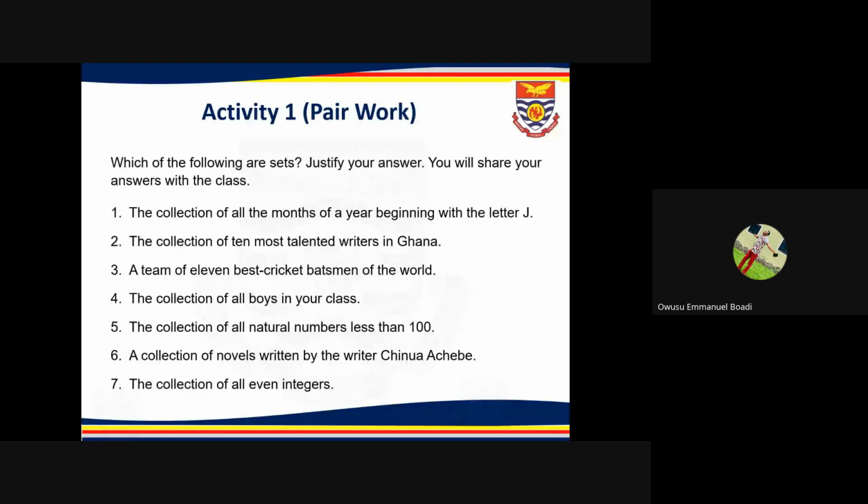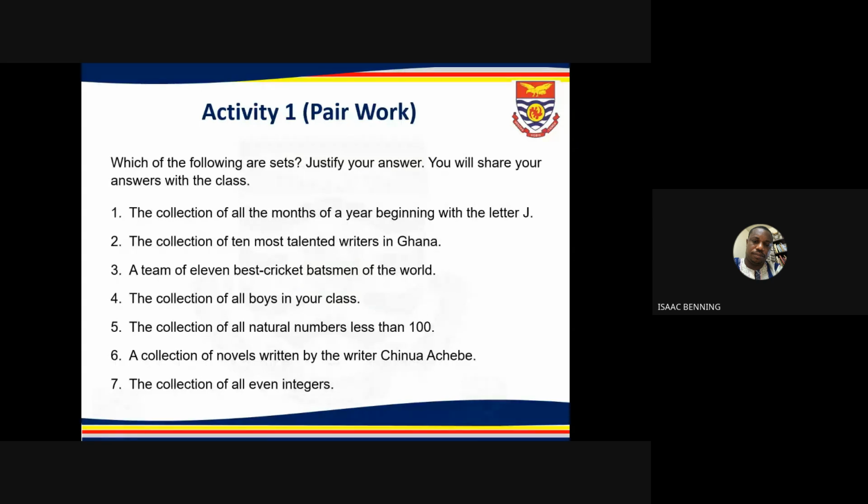It means that when you enter a library and you are to select the novels authored by Chinua Achebe, when you see a poem authored by Chinua Achebe, will you include it? No, sir. It is not a novel.